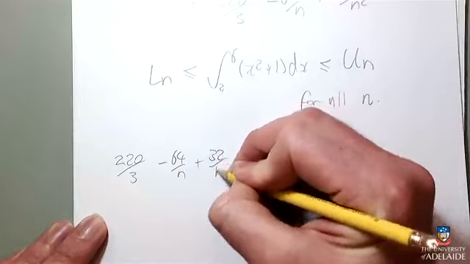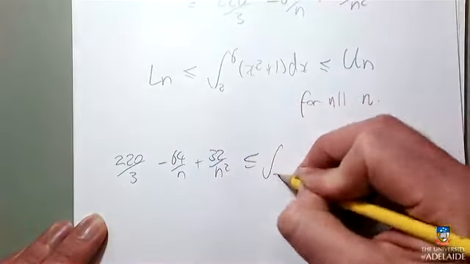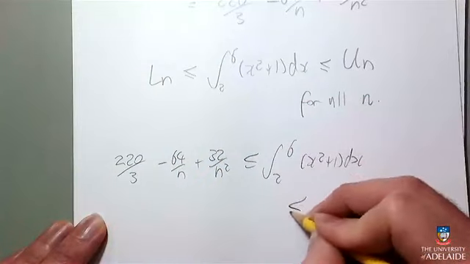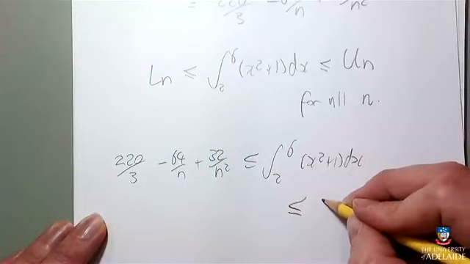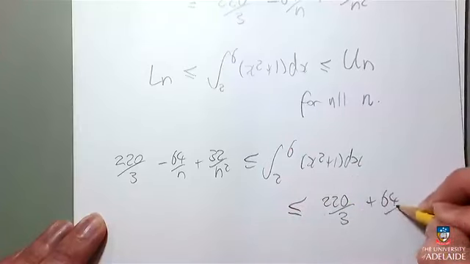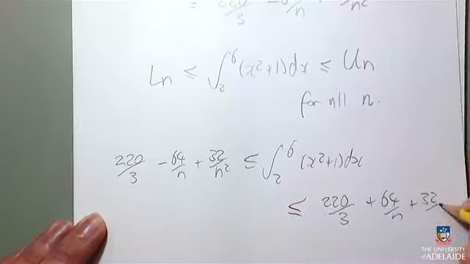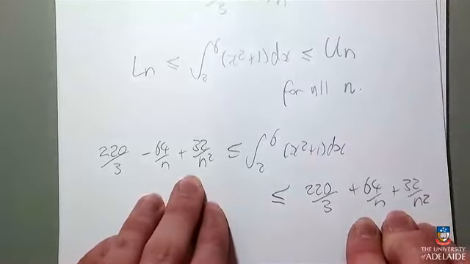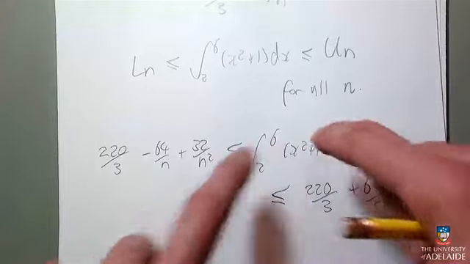So that's the Un. And that's the Ln, and this is the Un. And the bigger n gets, the closer both of these get to 220 on 3, and therefore this is 220 on 3.